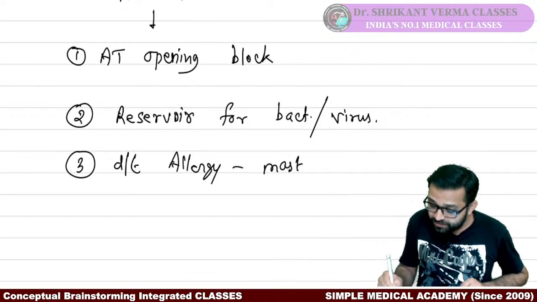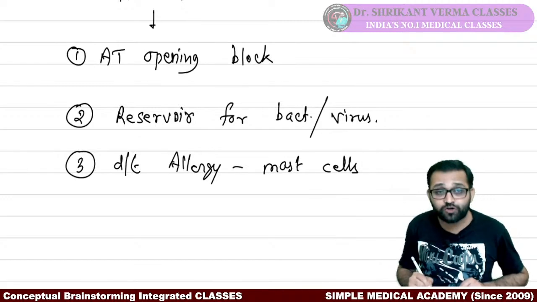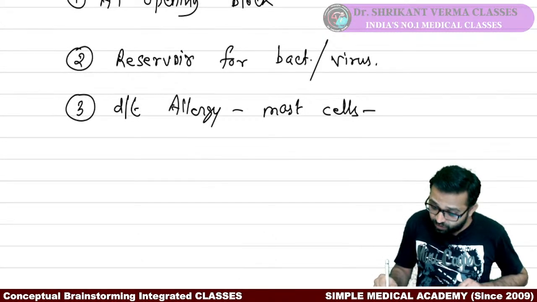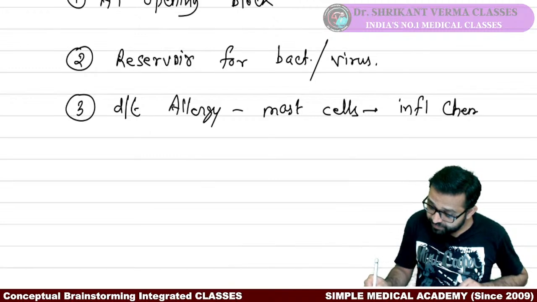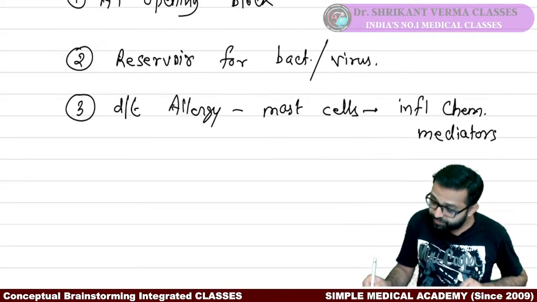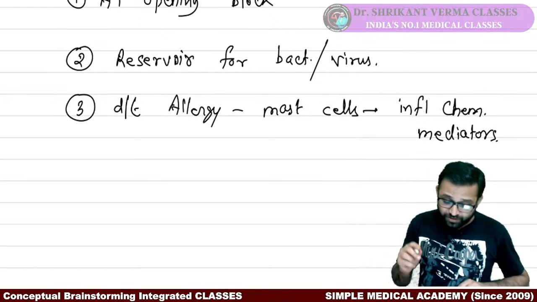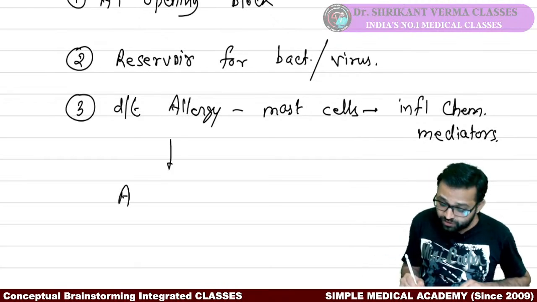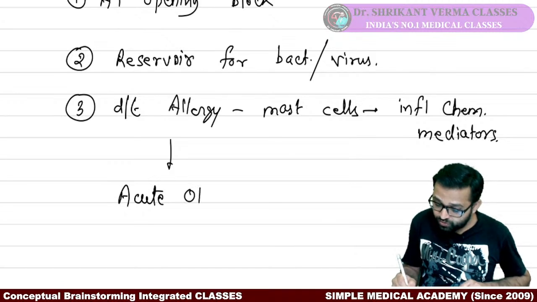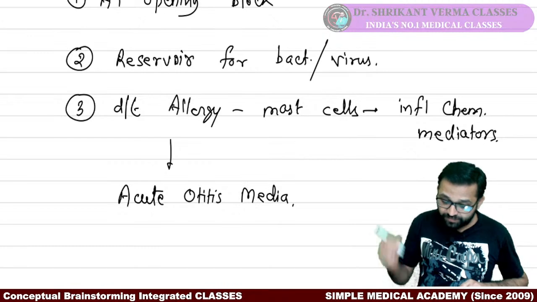From here, the mast cells which are located will cause release of inflammatory chemical mediators. Getting the point? So all this will lead to acute otitis media.